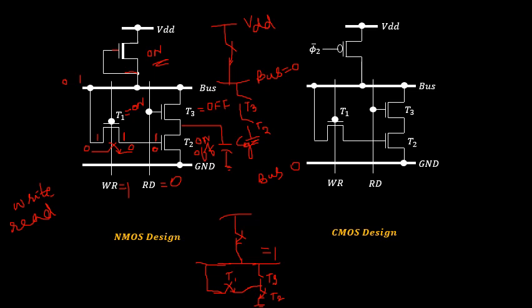So this particular capacitance, whether it is having a charge stored in terms of 0 state or in terms of 1 state, that will be retained as it is for a certain duration of time. Once you are performing the write operation, immediately you have to assert the write signal as equal to 0 state once the operation of write is performed.